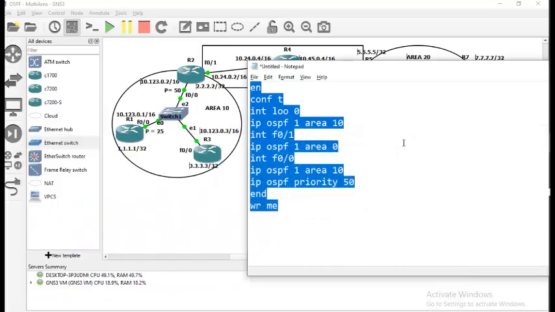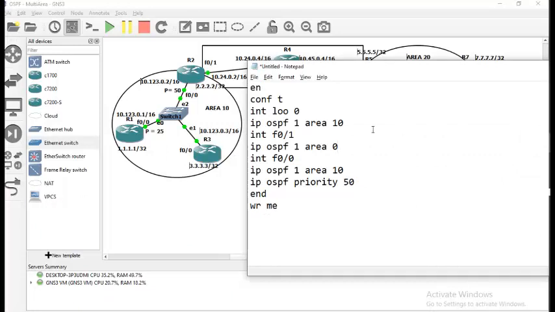Right? So I'm going to use this as a template and finish configuring the other routers. Router 1, no change in this. This one I'll remove now. In router 1, this should be 25.